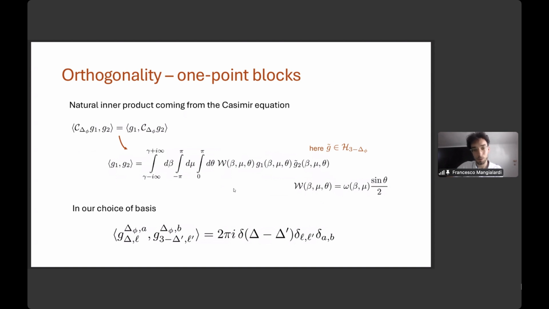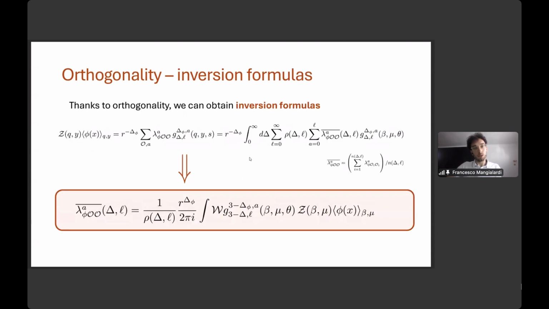And here comes why our basis of tensor structures that I showed you before is special. This is precisely because one can check that in this choice of basis, the blocks become orthogonal with respect to this inner product. Orthogonality is very handy because we can use it to invert the block decomposition of the one-point function.